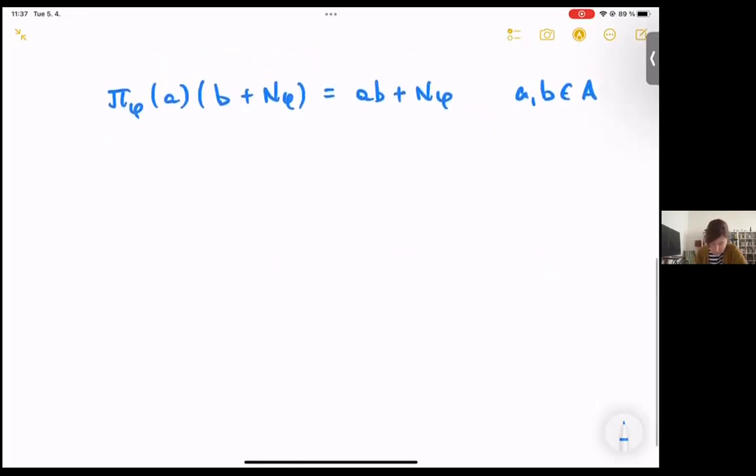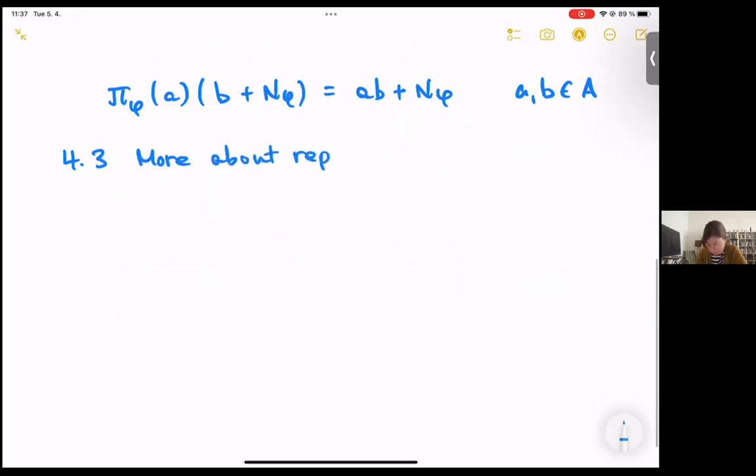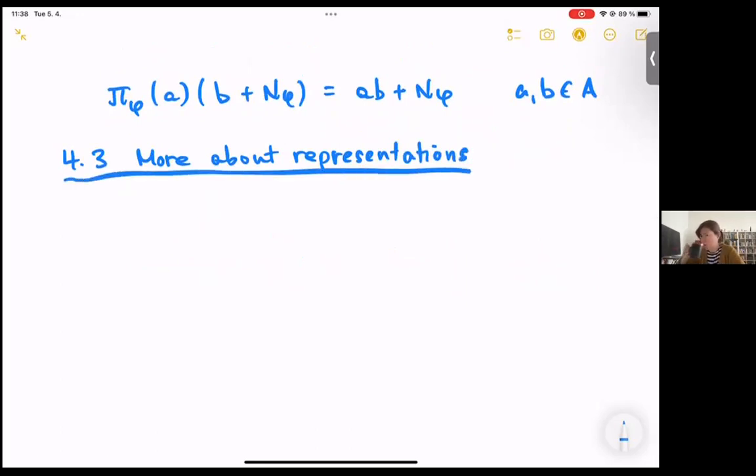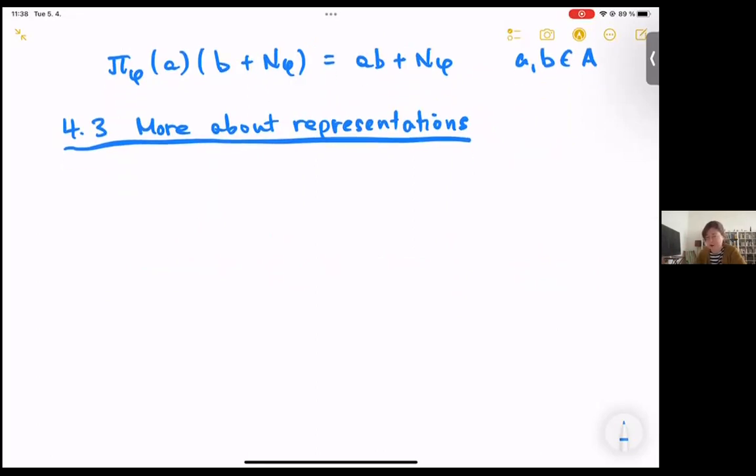Okay, so now we're going to see some more about representations. And we'll see later in the course that in general, having representations of a star algebra is a nice way to construct C-star algebras, particularly things like group C-star algebras, cross products and groupoid C-star algebras.